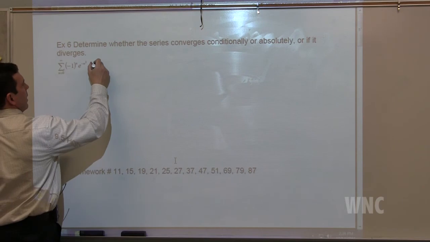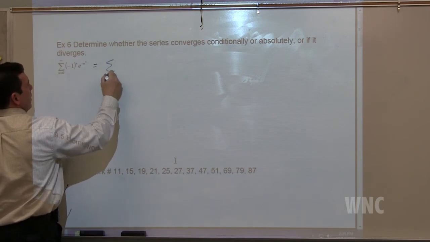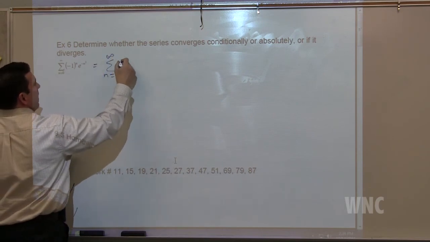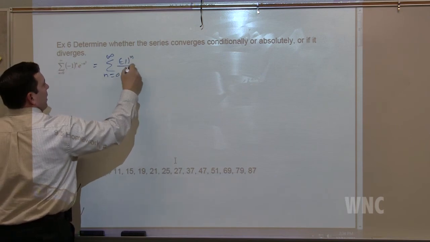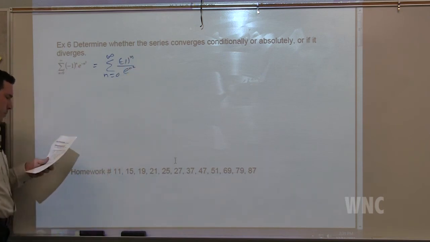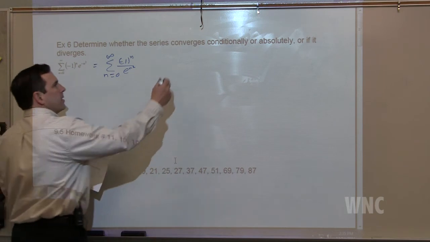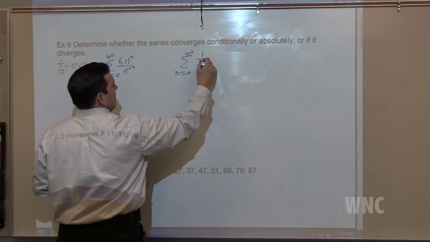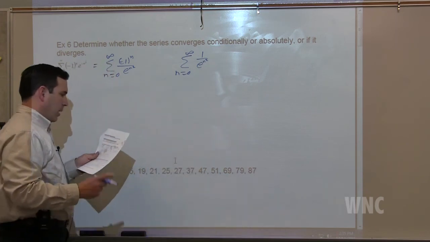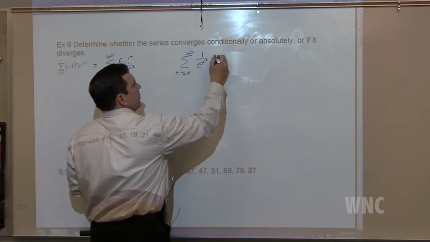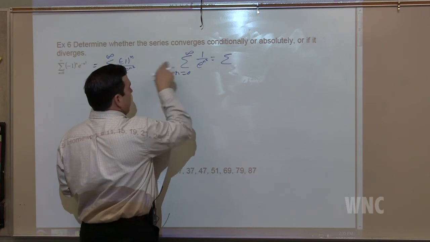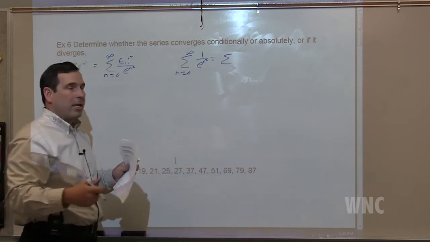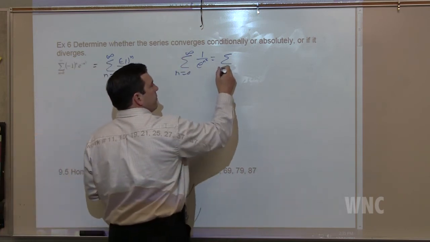So we can rewrite this as the sum as n goes from 0 to infinity of negative 1 to the n over e to the n squared. So let's look at the sum as n goes from 0 to infinity of 1 over e to the n squared. So I drop the negative off. I'm looking at it so I can hopefully get absolute convergence.